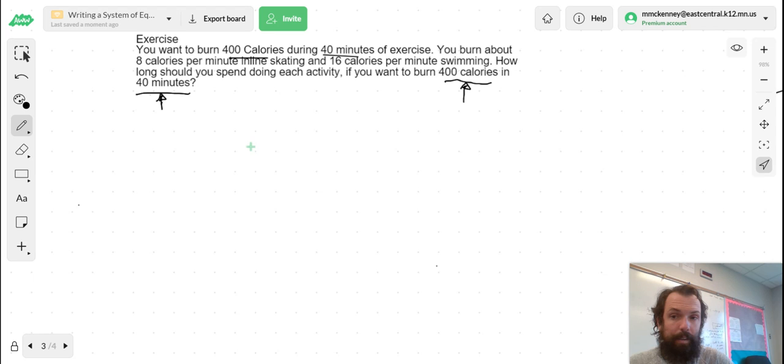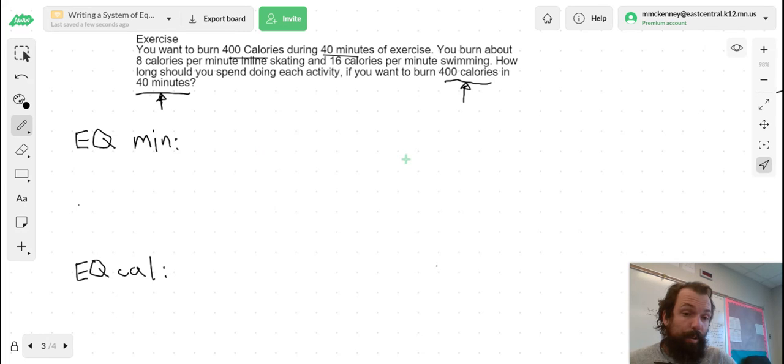I'm going to add the verbal phrase and construct an equation for each of these. First, minutes. We want our total minutes to equal the number of minutes we skate plus the number of minutes we swim. So our total minutes, we're going to exercise for 40 minutes.